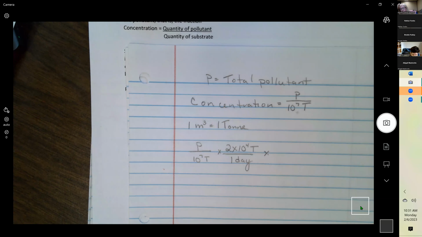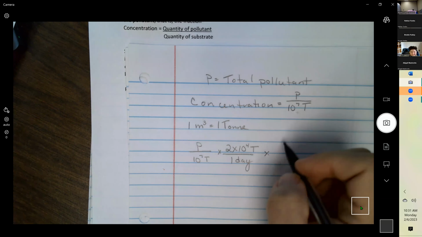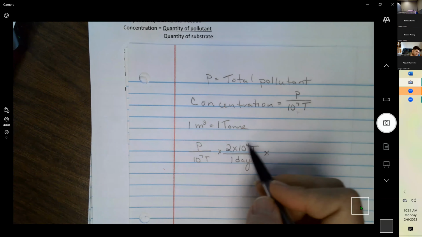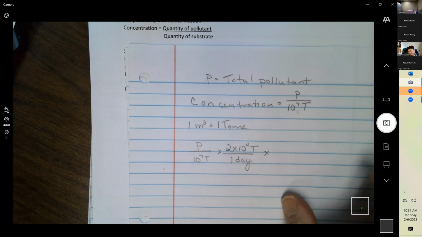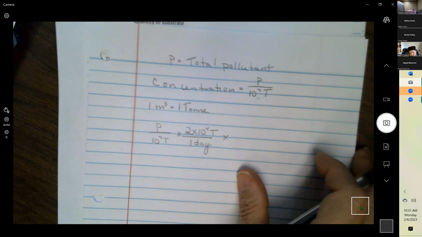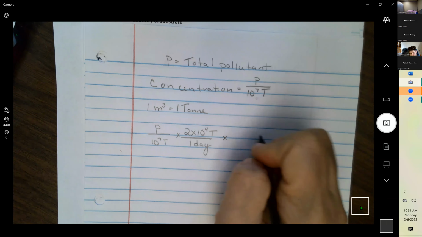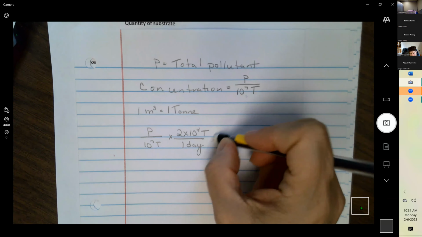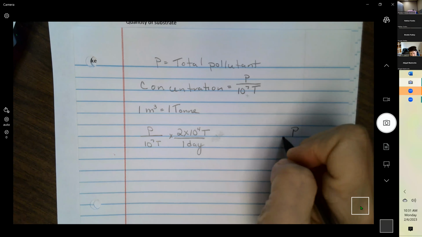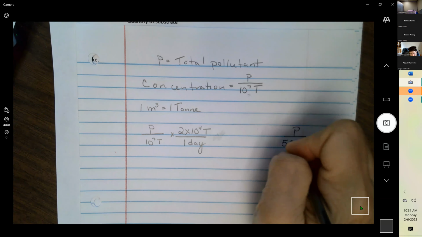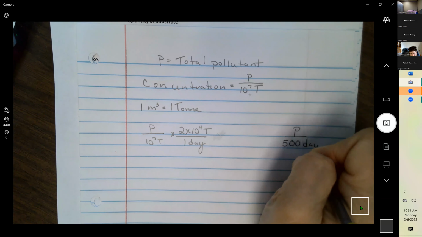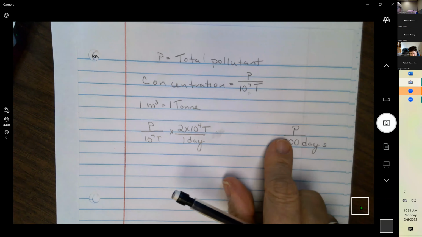Any questions so far? Now, we could divide these, but let me show you how we're getting this.